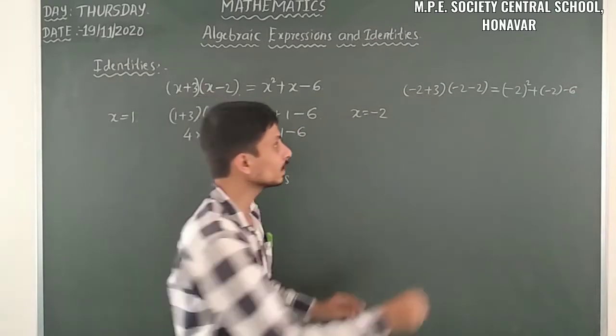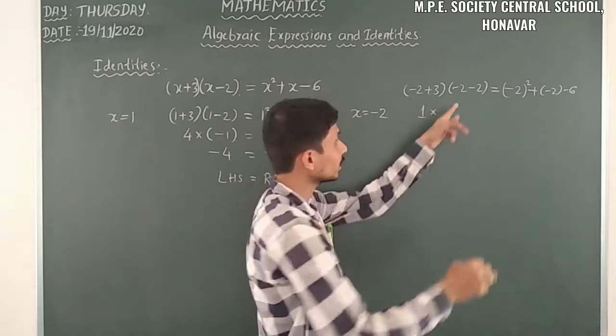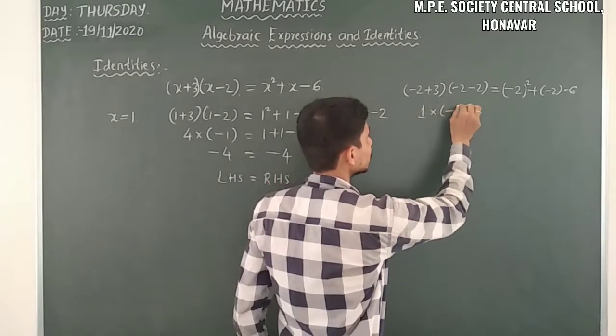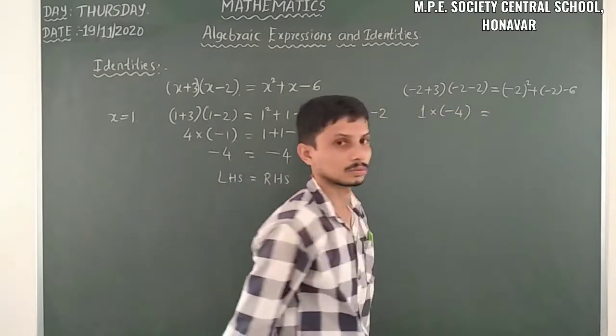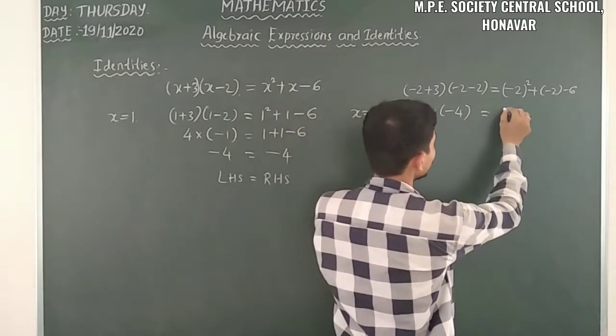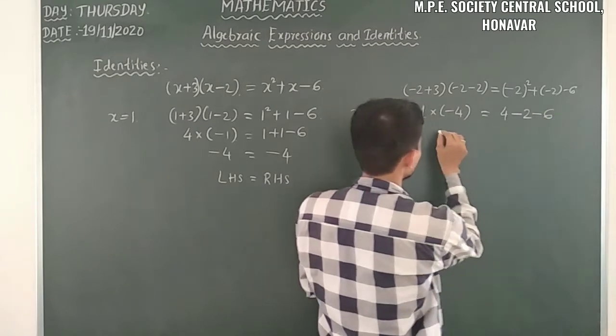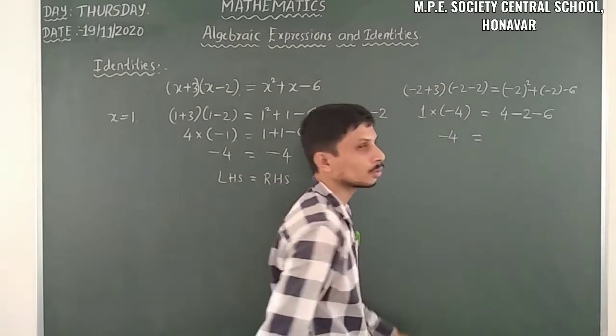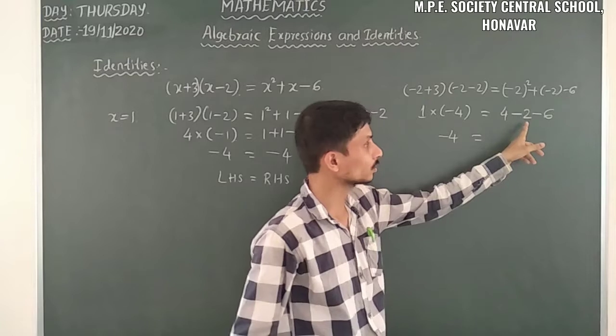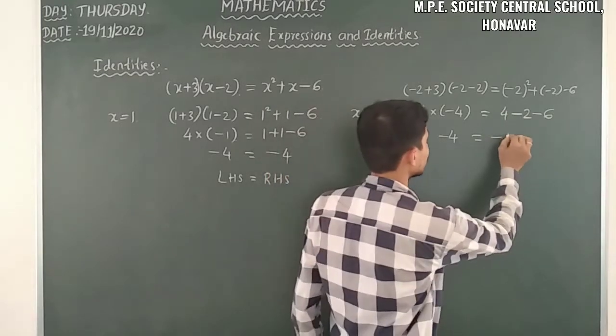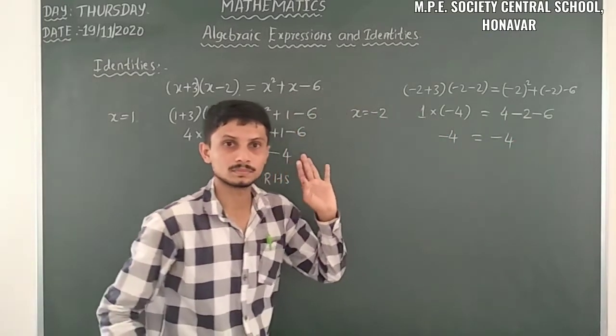Here minus 2 plus 3 is 1, into minus 2 minus 2 which is minus 4. On the right, minus 2 square is 4, 4 minus 2 minus 6 is minus 4. Here also we get minus 4.